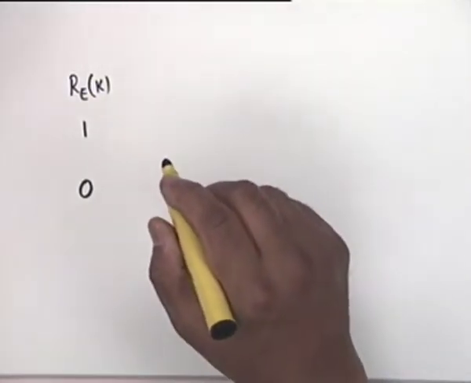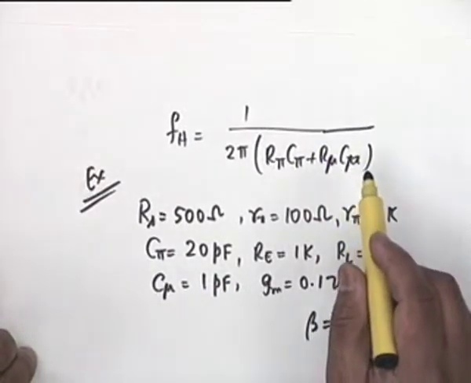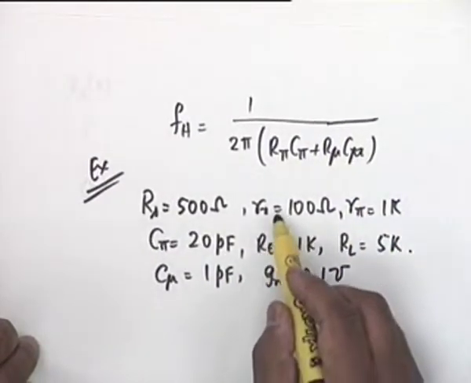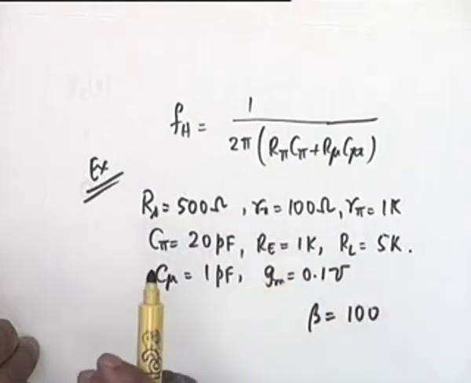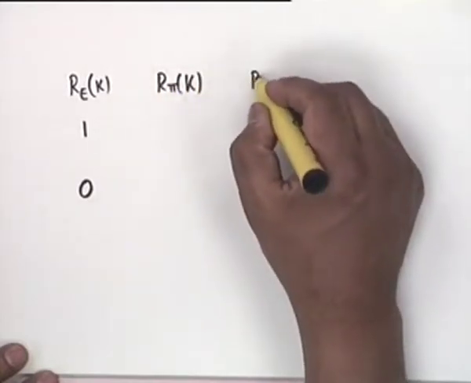I calculated the time constants R pi C pi, R mu C mu for two conditions. One is for the given condition, that is Re equal to 1K, where there is feedback, and Re equal to 0 where there is no feedback, or Re is simply bypassed through a capacitor. I calculated them and the values are the following. Please do verify them.